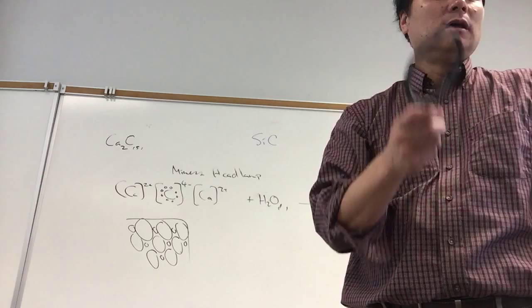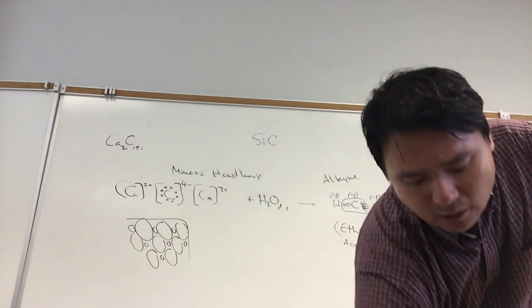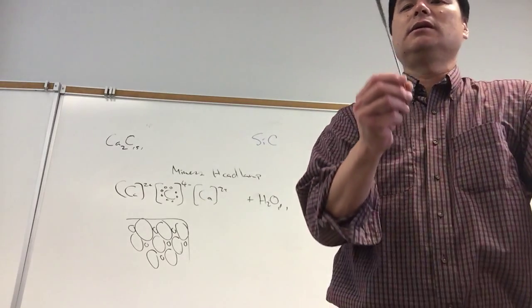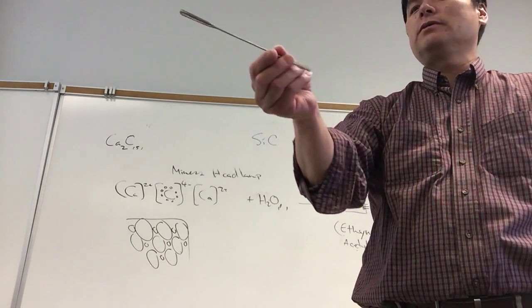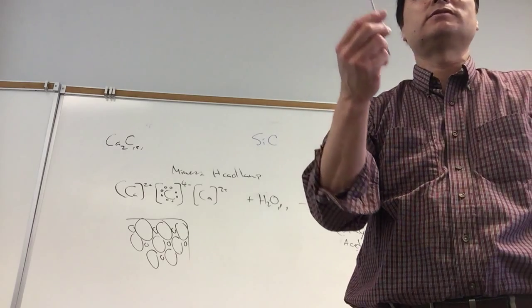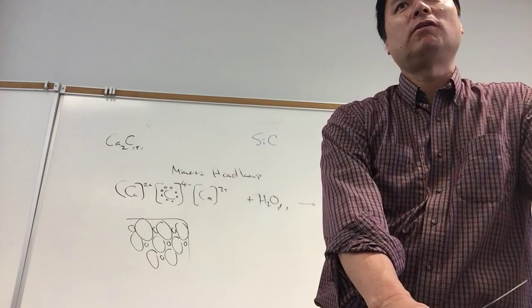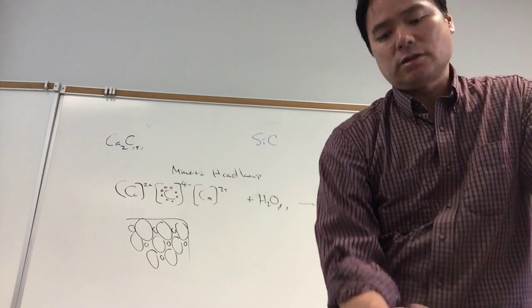Not only iron, but stainless steel. You know, stainless steel is very resistant to rust, but if you put this into a concentrated fluorine stream, you're going to ignite the stainless steel. It's going to catch on fire because fluorine is a much more powerful oxidizer.